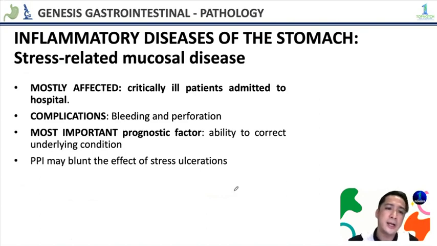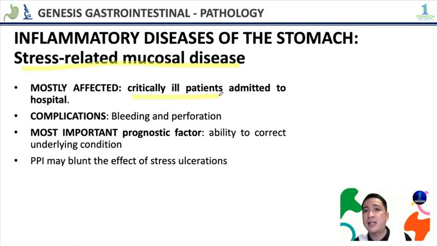So, just to create some emphasis, this slide is about stress-related mucosal diseases. The most affected are the critically ill patients admitted to the hospital because of their condition, as well as they are taking so much of the medications.